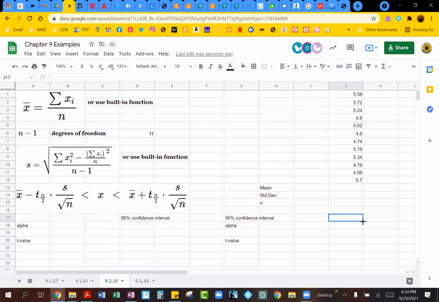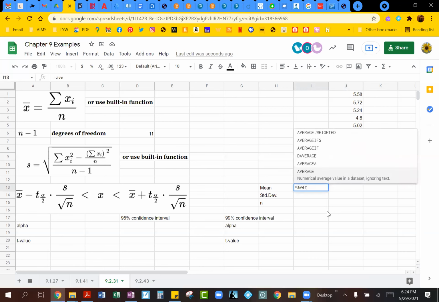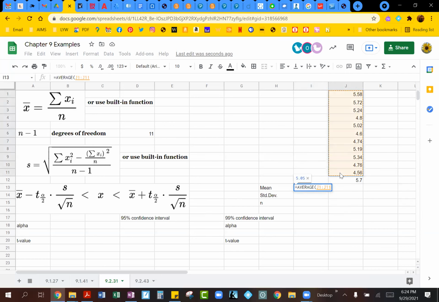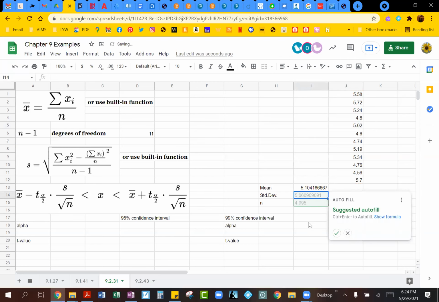So the first thing we want to do is calculate our mean, which will come from all of this. So that's your average function. And make sure we leave it as capital letters, as you mentioned. Okay, so we've got our mean.